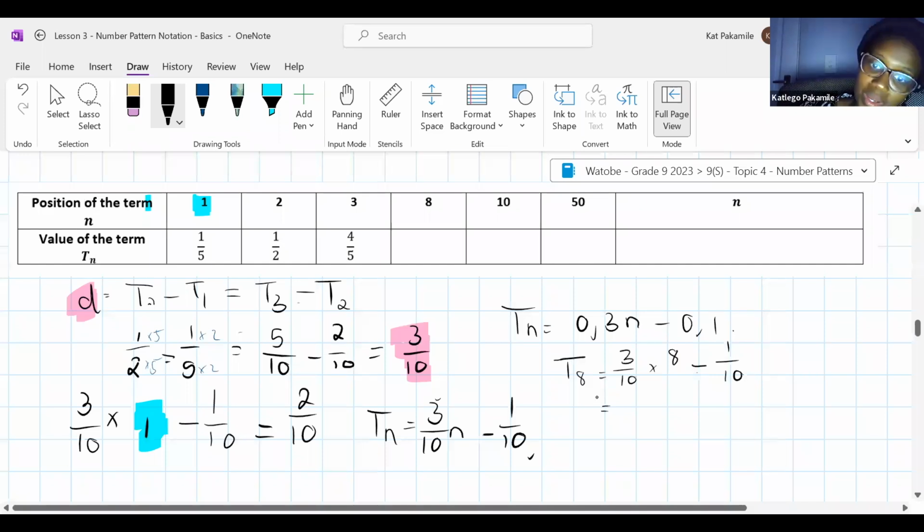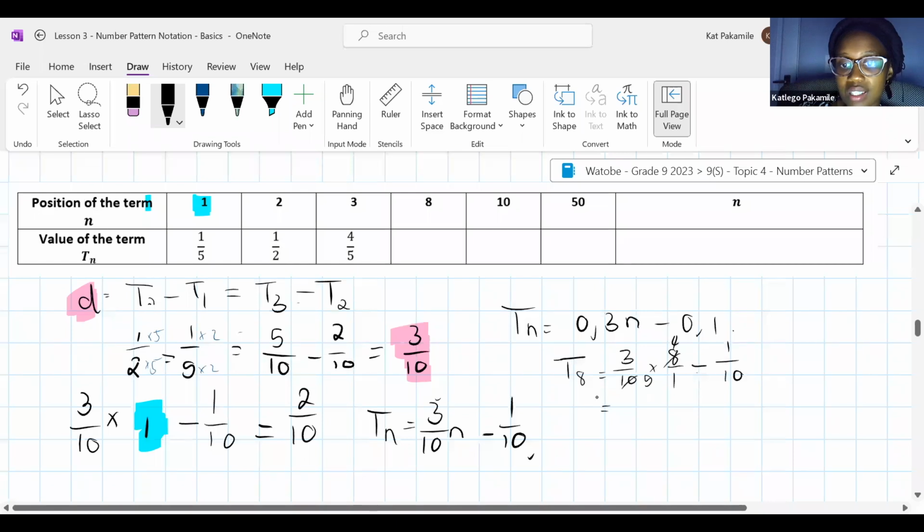Okay, this is 8 over 1, right? If we are multiplying fractions, we can cross cancel. So we don't even need a calculator for this, guys. Let's do it both ways. Let's first cross cancel. This will give me 4 over 5.